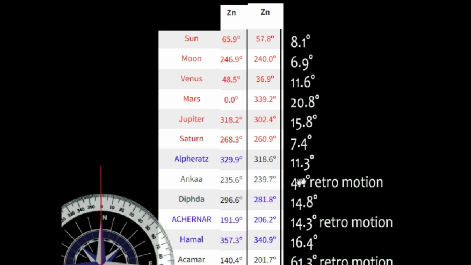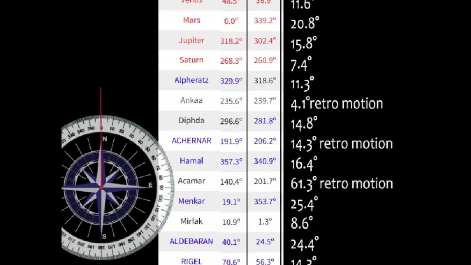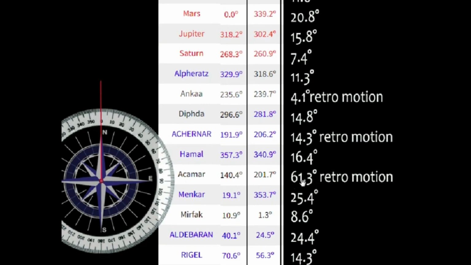We even have retro motions. 61 degrees retro motion in 1 hour. And you know what is the best thing? The next day it's almost on exactly the same spot.